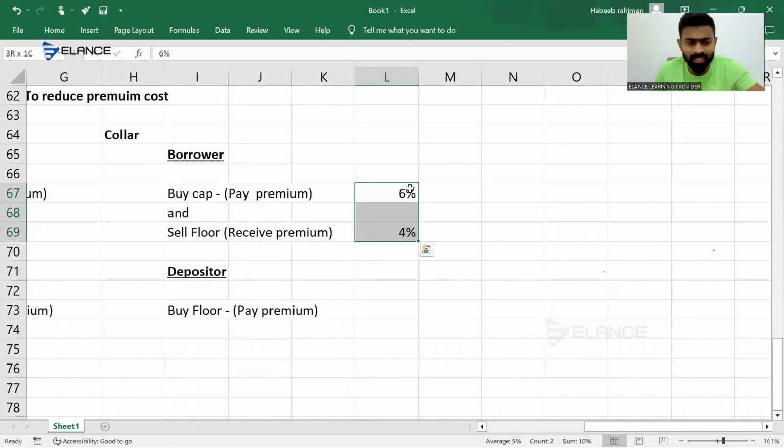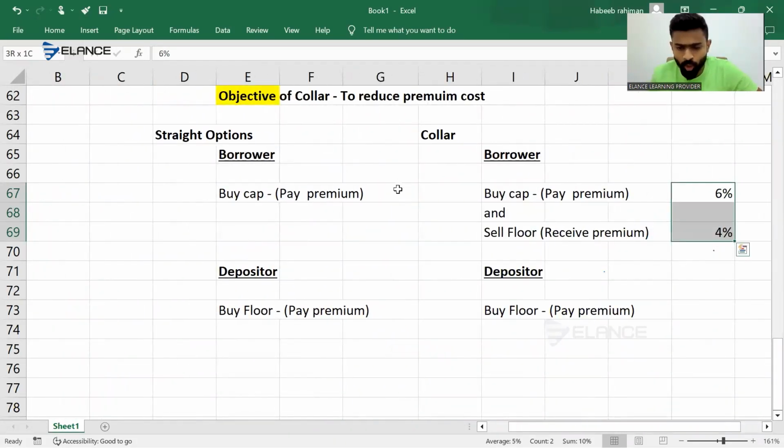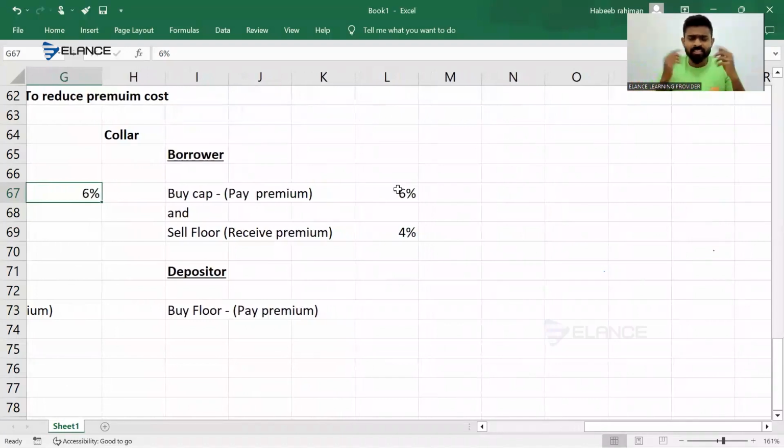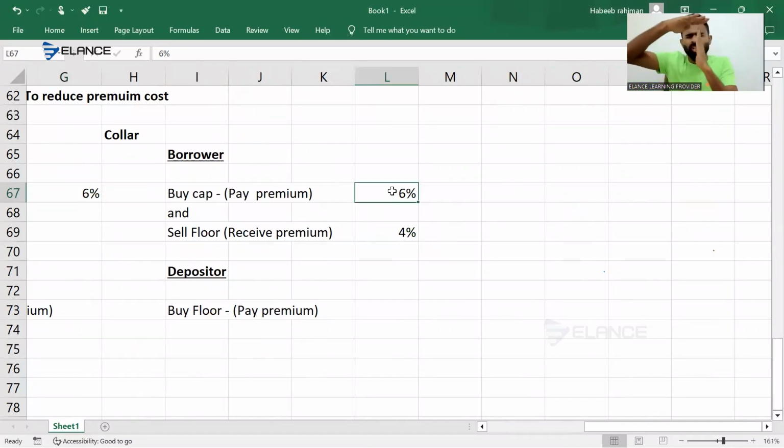Previously, in a straight option, if it's 6%, this means your interest rate won't be more than 6. If the interest rate reduces, your answer will be the reduced one. But since in a collar you simultaneously buy an option and sell an option, your interest rate won't go more than 6.